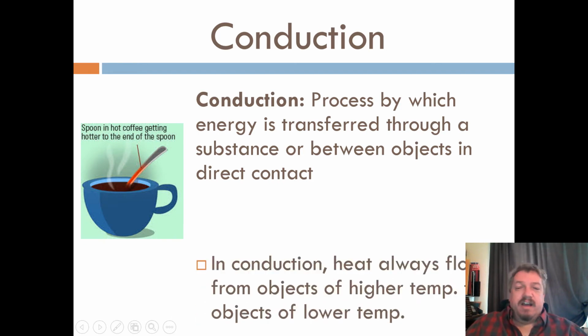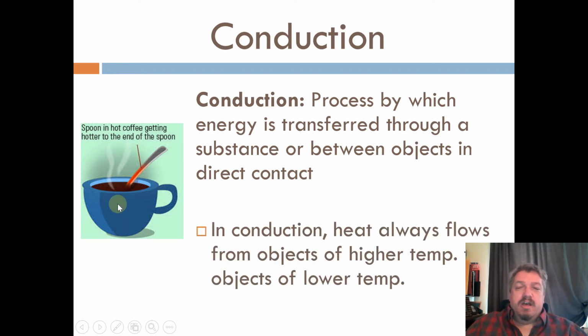When you have conduction, heat always flows from the high temperature object to the low temperature object. So in this case, a cup of coffee, the temperature energy in the coffee is going to flow to the spoon and warm it up. The spoon will not cool the coffee. So ironically, if you have a glass of ice water, the ice doesn't cool the water. The water takes the energy from the ice.